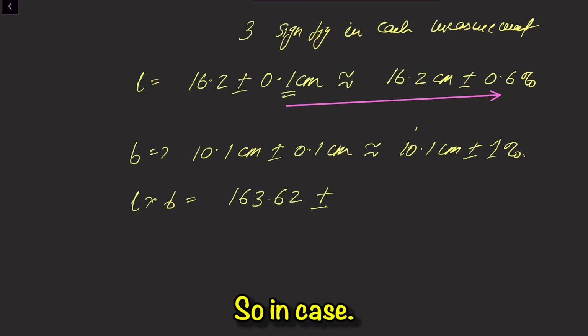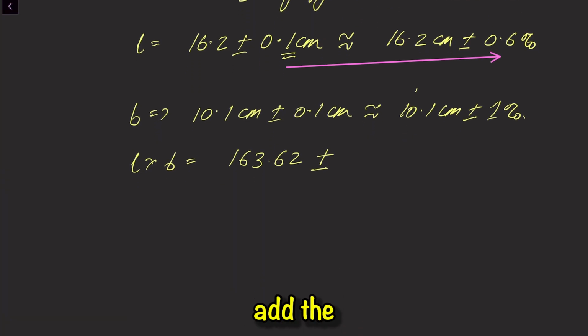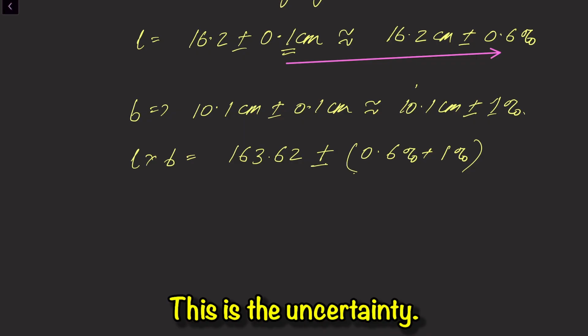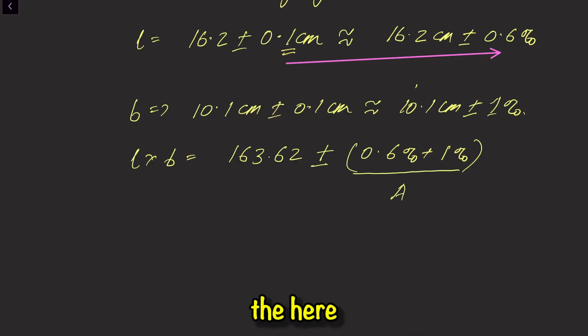So in case of two quantities getting multiplied, we have to add the percentage errors of the uncertainty. 0.6% plus 1%. We have to add the uncertainty.